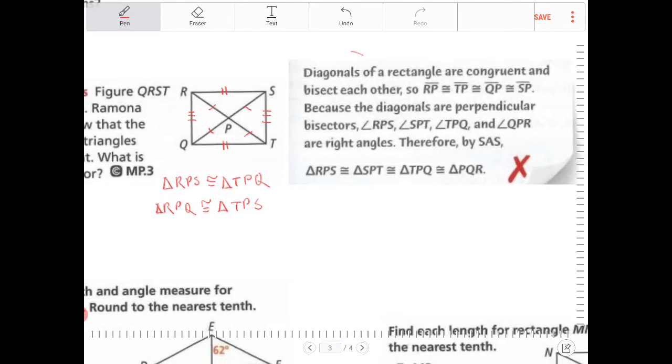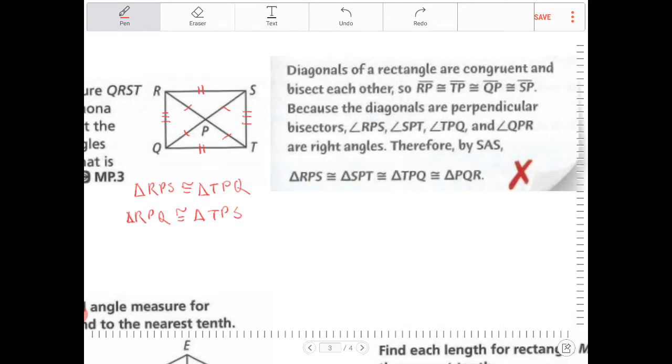This is actually Ramona's explanation, so my apologies. So Ramona's explanation is that because the diagonals are perpendicular bisectors, and we know for a fact that this is not true. Diagonals are not perpendicular bisectors in a rectangle.